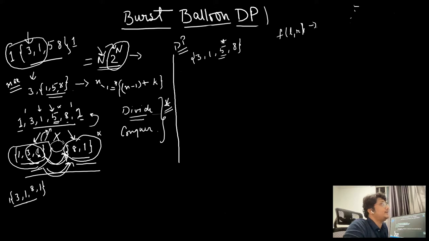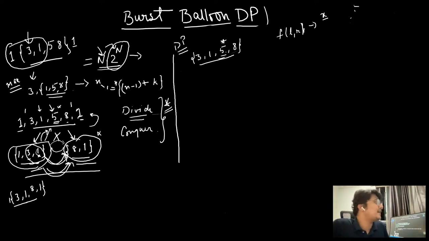What happens when a given element x is busted at the end? So now if you see that there are 4 elements in this array, and in DP solutions or in recursive solutions, we don't know actually which option will yield the most optimal result.